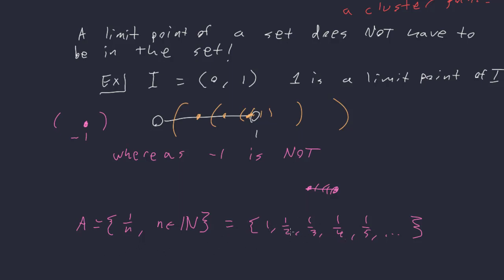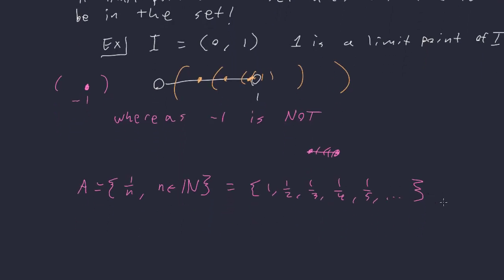because if I looked on a number line, so here's 0, here's 1. This is the first element of the set. Here's the second one at 1/2.